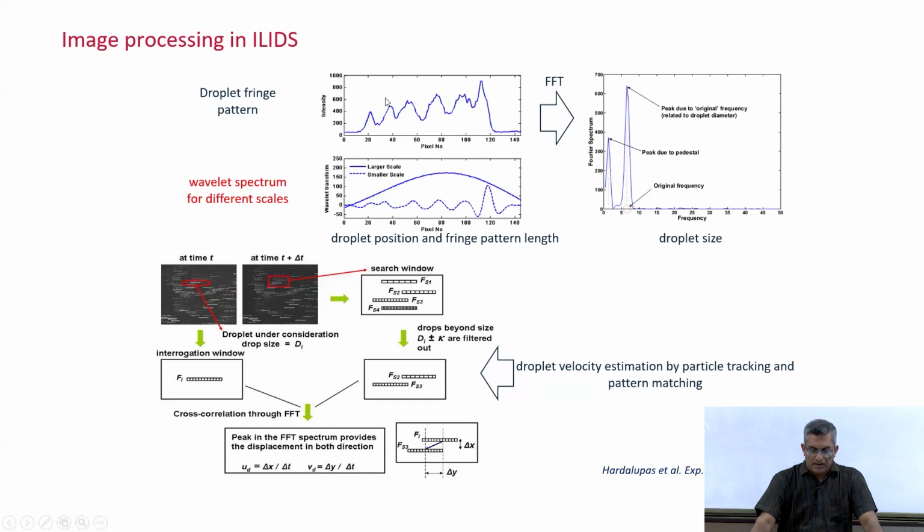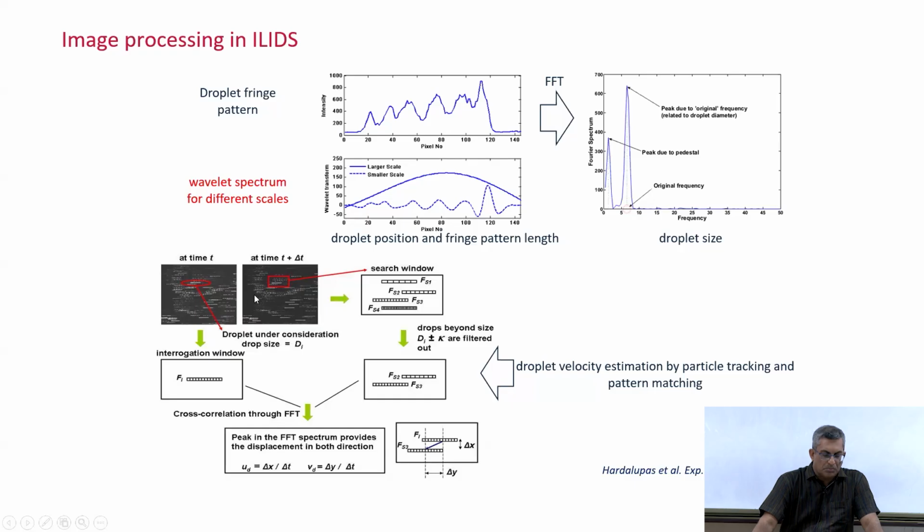So this is a typical signal from a fringe pattern. Then we do a Fourier transform of that to calculate the fringe frequency, instead of counting the peaks as such, which can be erroneous. Once you know the fringe frequency, you know the fringe count, and then you find the particle size.